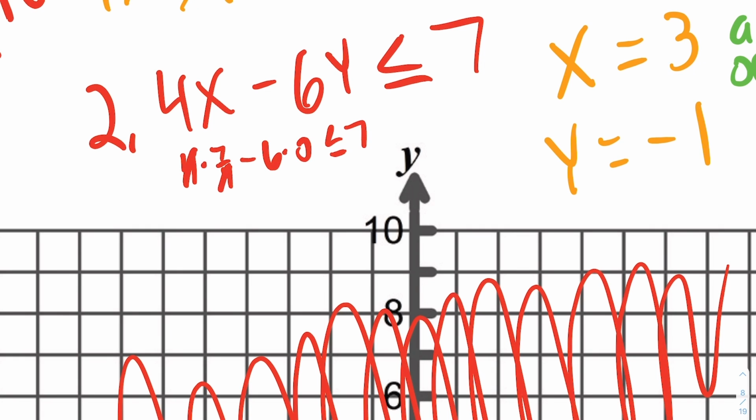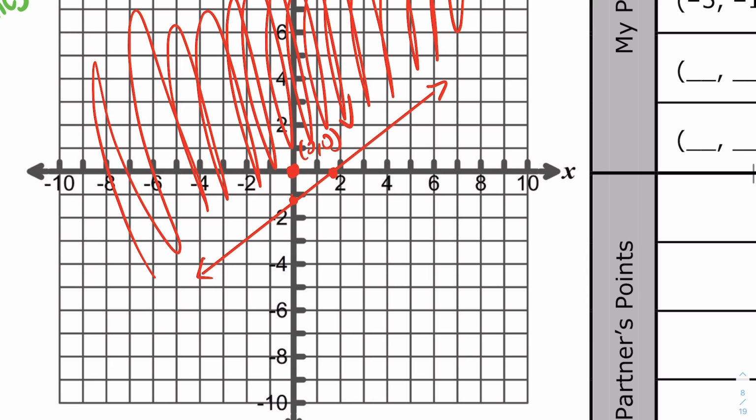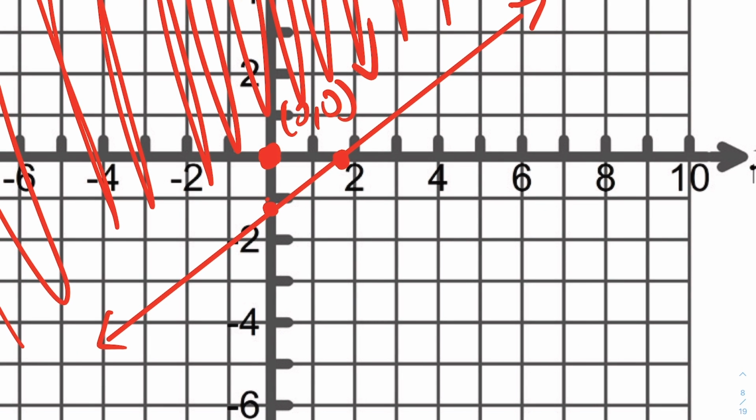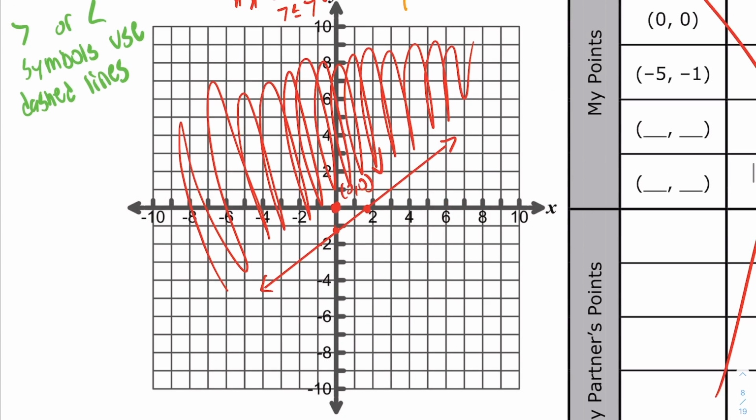The 4's are going to cancel, and is 7 less than or equal to 7? Well, it's not actually less than, but it is equal to, so it works. That means that numbers on the line are okay, so we're going to keep it as a solid line. Let me write that note down.